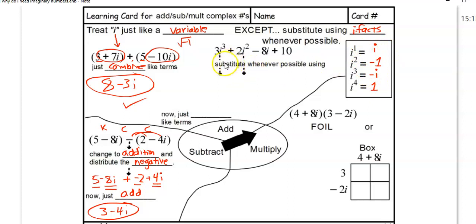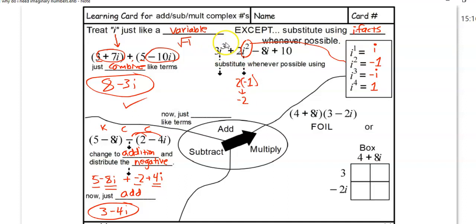Here's an example where we're going to substitute whenever possible. I like to look at this, a 2i squared. Whenever I see an i squared, I get kind of happy because I can replace the i squared according to my i facts chart with -1. So I'm just going to replace that with -1, and then times that 2 coefficient in front, that's just going to be -2.